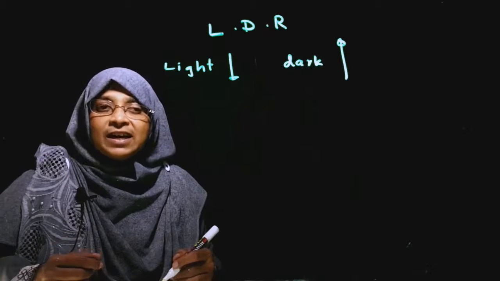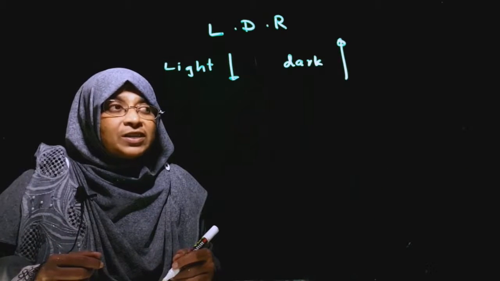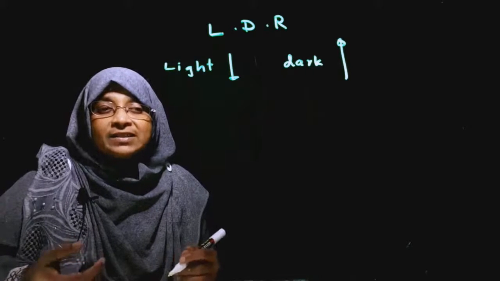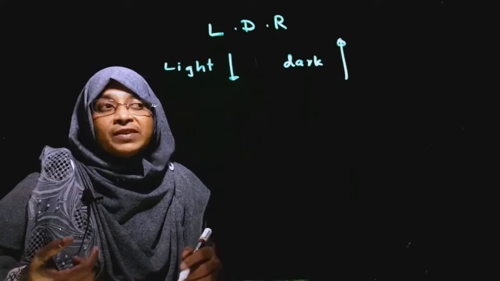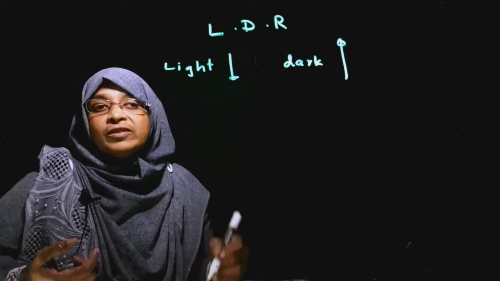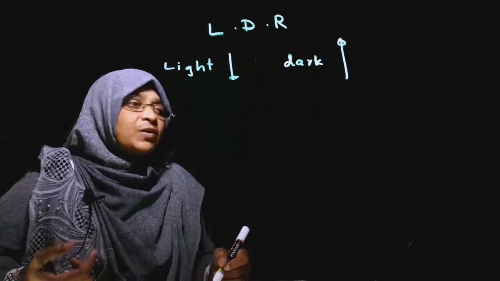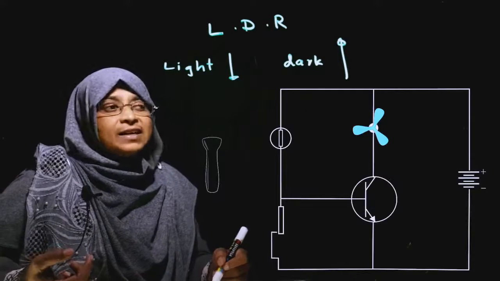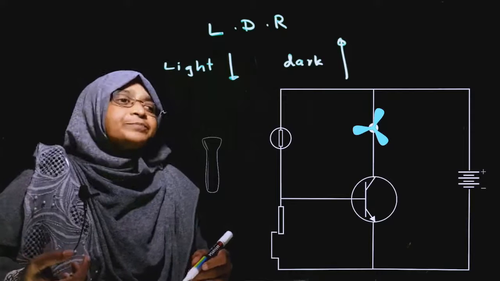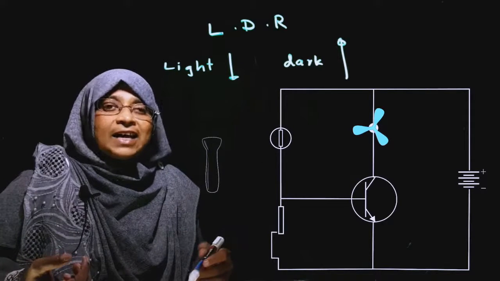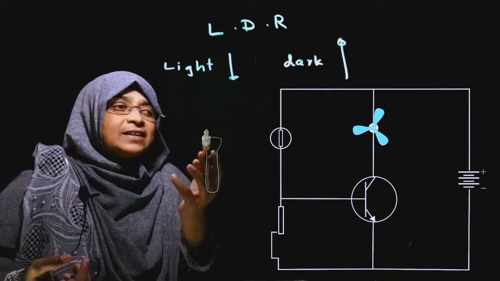Next, we will see an auto switch that opens the gate at night when the headlight of a vehicle falls on the gate. Okay, this is the circuit. In this circuit, now you can see the LDR is connected here.